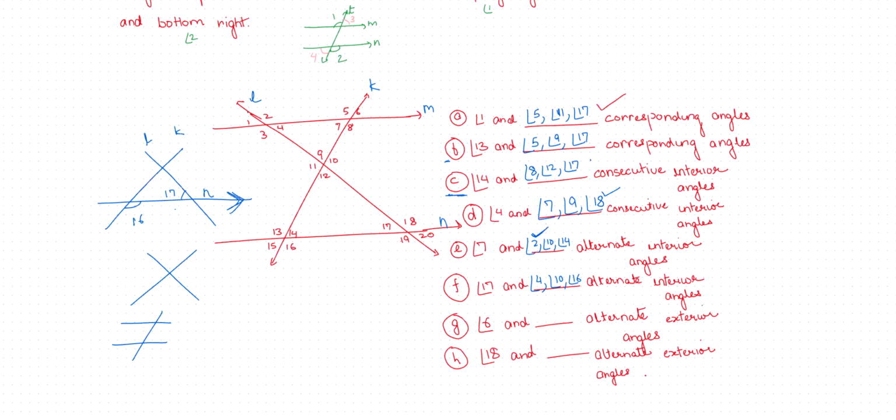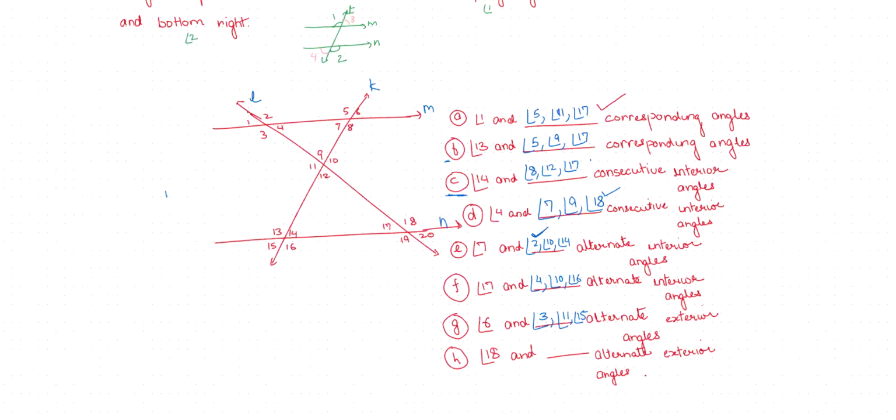Now we have to find alternate exterior angles. So try to do G and H on your own and then check the answer. Now we have to find alternate exterior angles with angle 6.